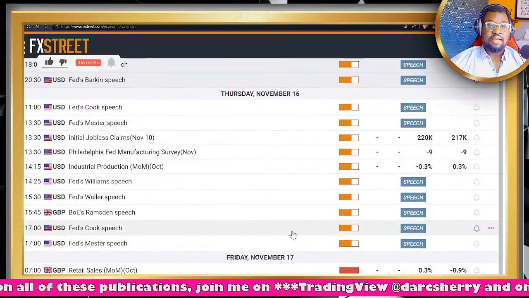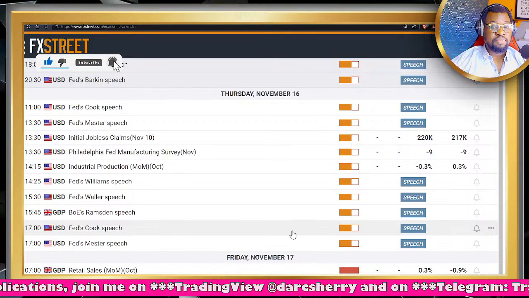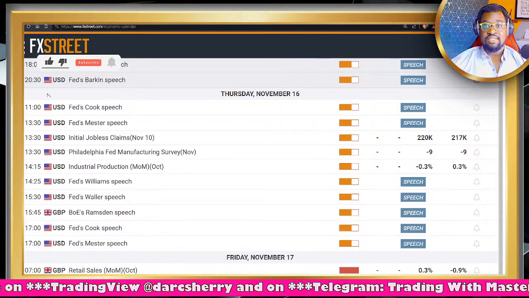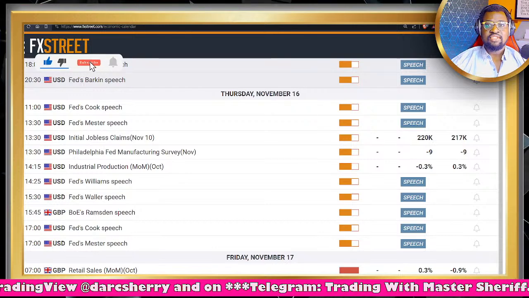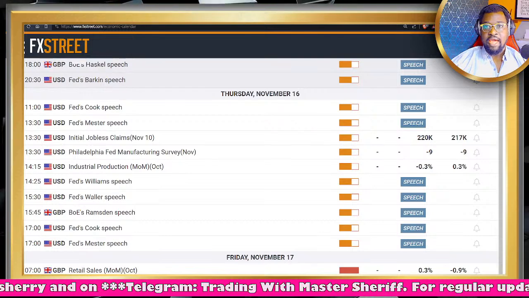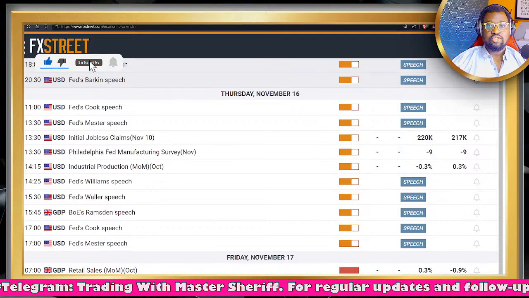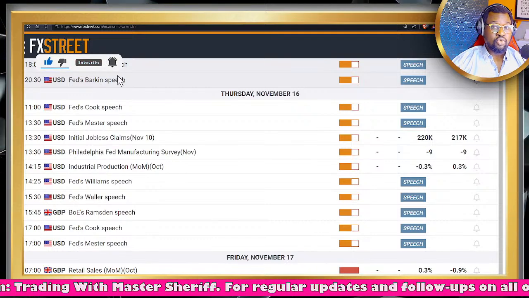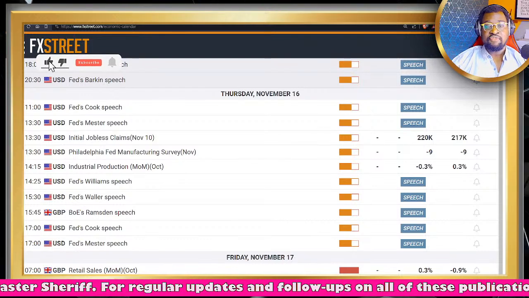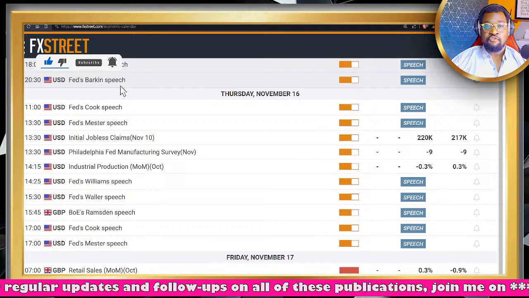Now, bringing in the medium impact events here, you will see that we have a high number of speeches coming up today. And of course, one important thing about the speeches is that they give us an insight into the health of the economies, and not only that, they also give us insight into the central bank's outlook on the economy, the potential policy shifts, and potential interest rate decisions going into the next one for December.